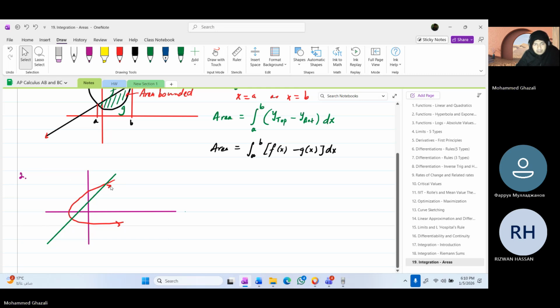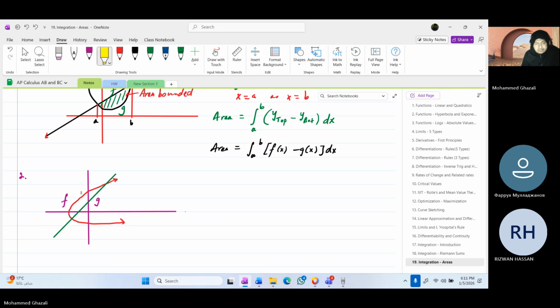Now, we still have two functions. The parabola is not a function. Remember, what's a function? The vertical line test must cut the graph once only. So we have two equations. For this one here, we're not going to have f of x. We call this f of y. Let's call this f and let's call this g. But now the functions are in y.